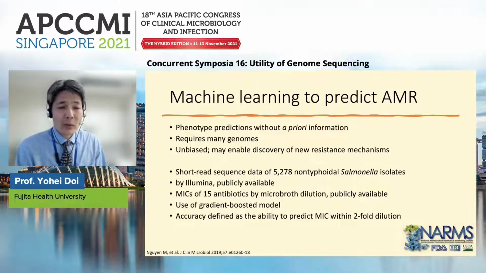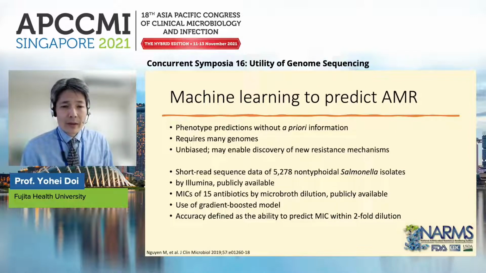So here's an example where a group of investigators looked at short-read sequencing data of 5,000 non-typhoidal Salmonella isolates, which had been sequenced by Illumina and for which the data were publicly available.